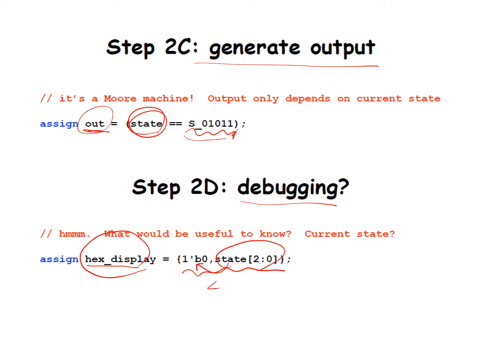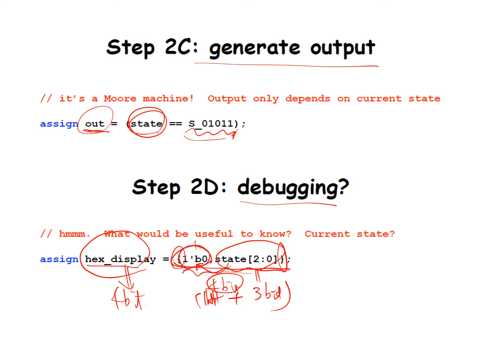We have a 4-bit output. We use the concatenation with curly brackets. Hex display is 4-bit. State is 3-bit, plus 1 bit, so the total becomes 4-bit.